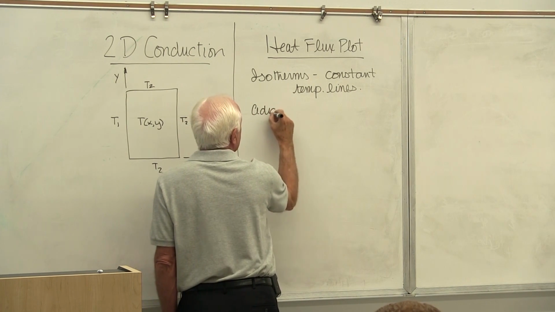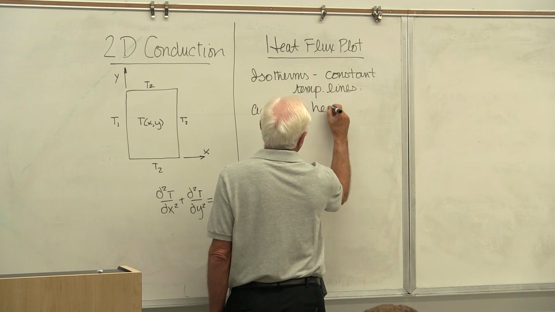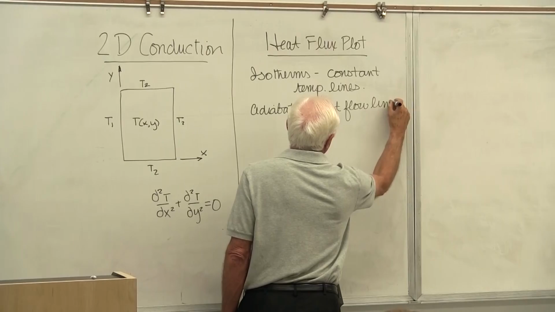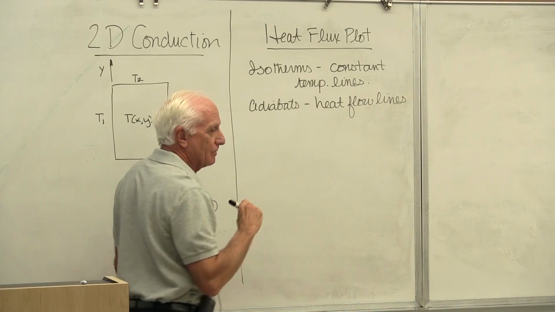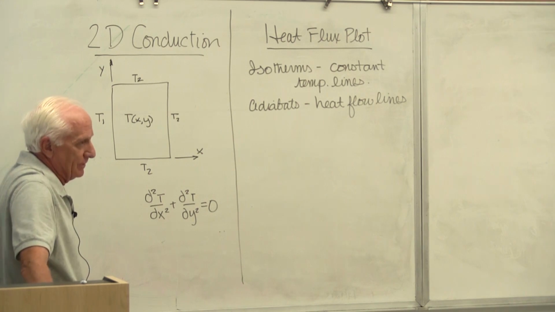Adiabats are heat flow lines. Okay, so a heat flux plot is a plot that shows the isotherms and adiabats.